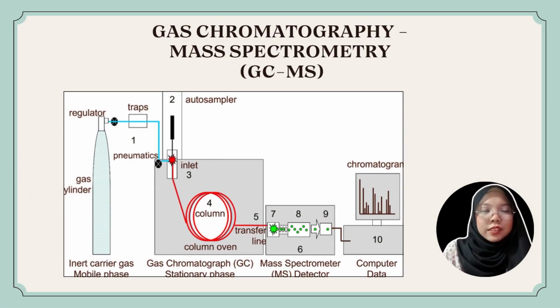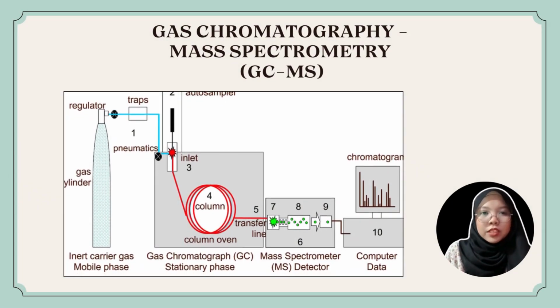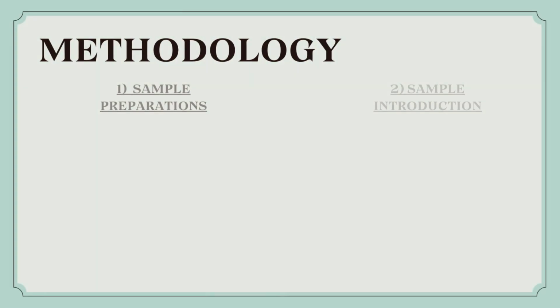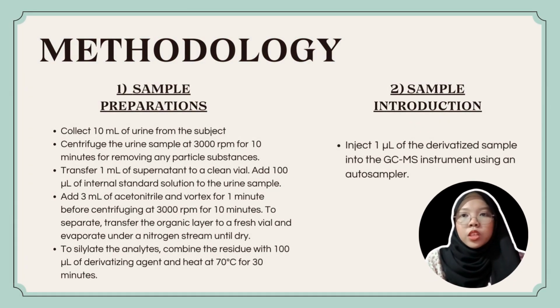This is how the gas chromatography mass spectrometry machine works. First thing first, we need to do sample preparation. First, we need to collect 10 ml of urine from the subject. Then centrifuge the urine sample at 3000 rpm for 10 minutes to remove any particulate substance.